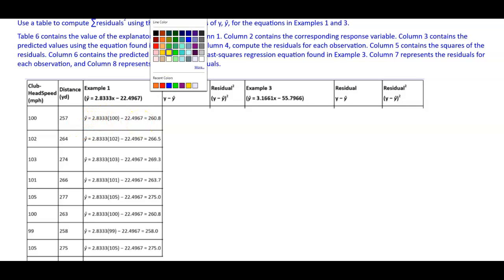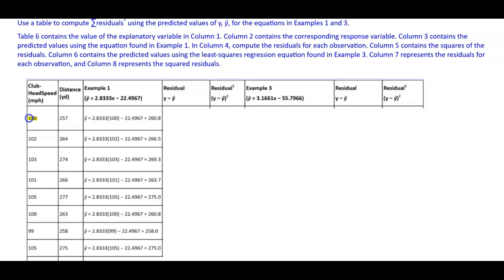So let's go ahead and substitute. We have 100 as our value for x. So to find the predicted value, we take 2.8333 times 100 minus 22.4967, and that gives us a predicted value of 260.8.